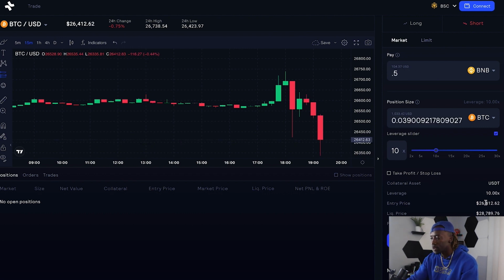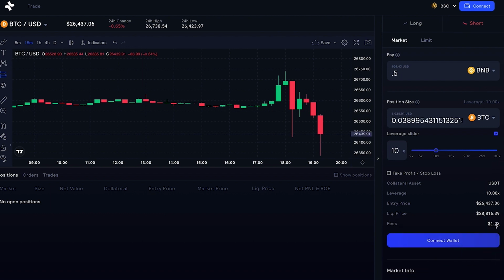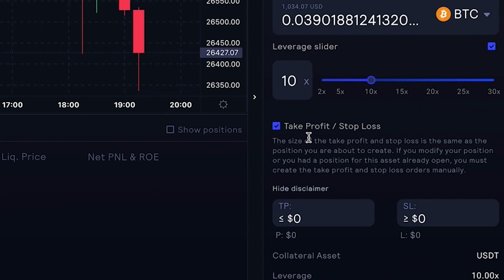Boom, and we did a 10x. And so if we're shorting Bitcoin, that means we expect it to go down. If Bitcoin goes up to 28.8 currently, then at that 10x leverage, you would get liquidated. That means you would lose your money. But you can avoid those by what's called taking profit and setting your stop loss.